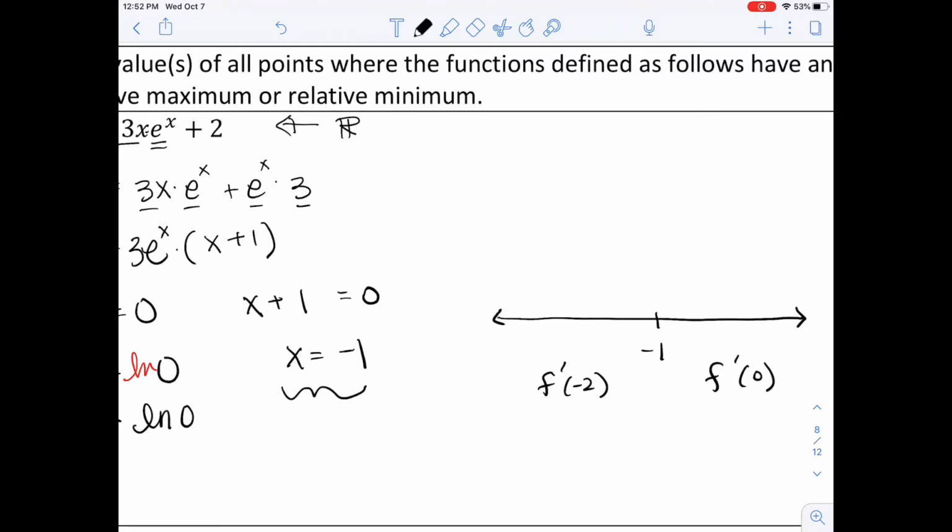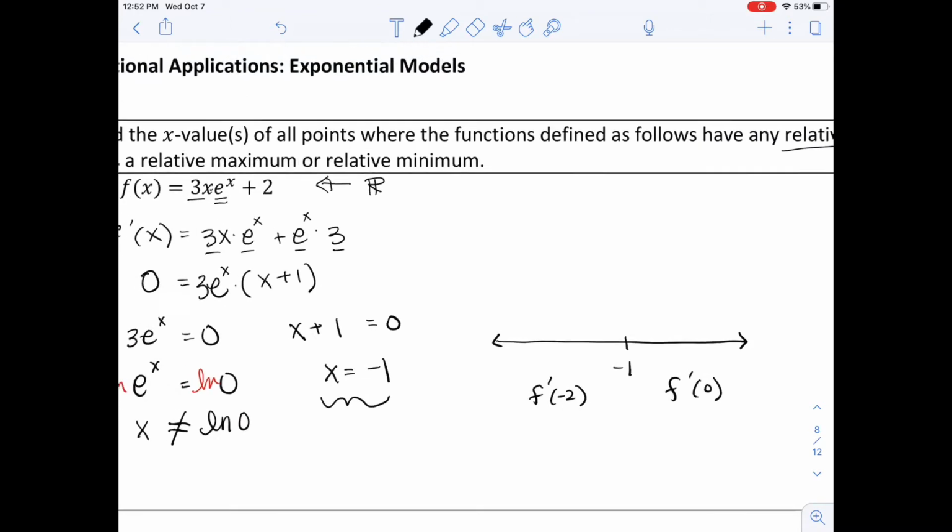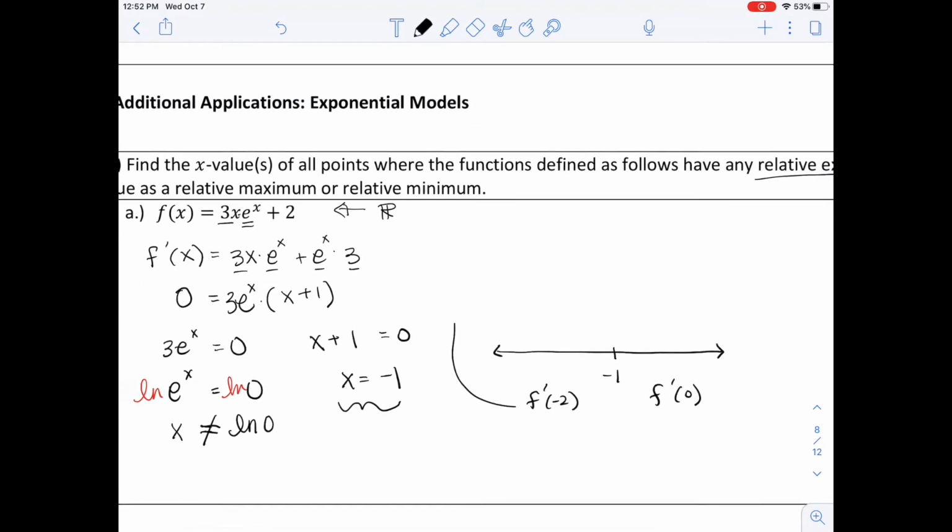Substituting these into your derivative, which is simplified, and right here I'll box that. When substituting in -2 into 3e to the x times x plus 1, we arrive at a negative answer, and since we're substituting that into the first derivative, that tells us that our function is decreasing on that interval.